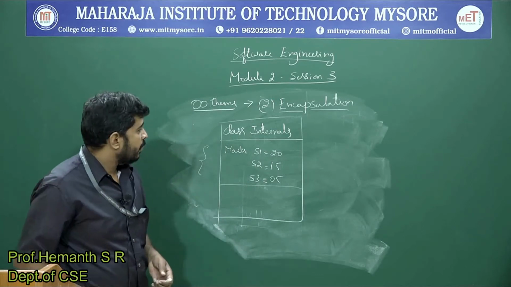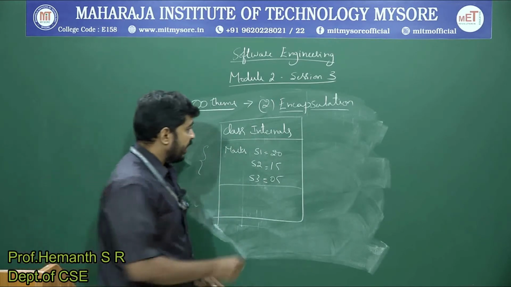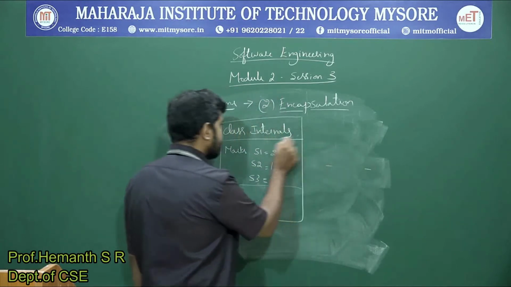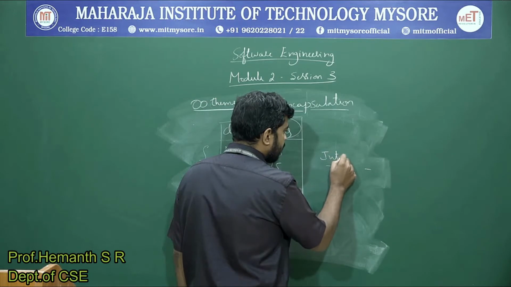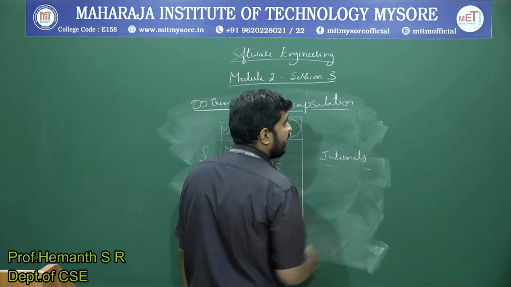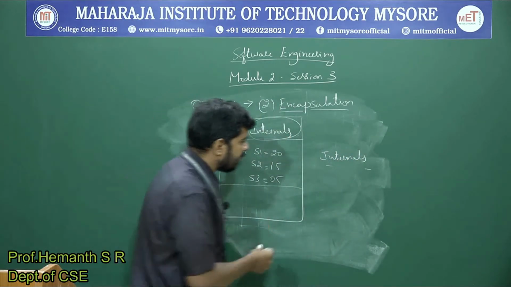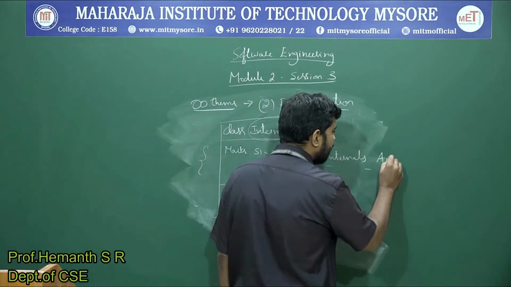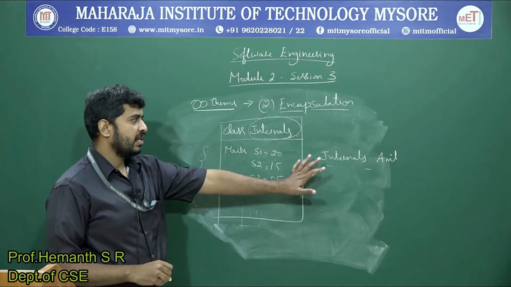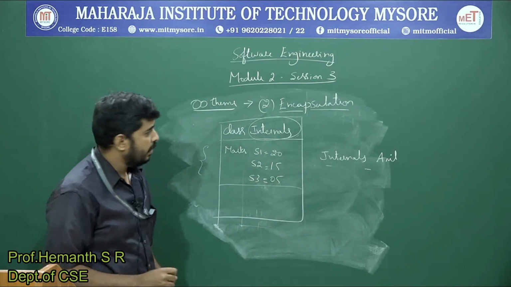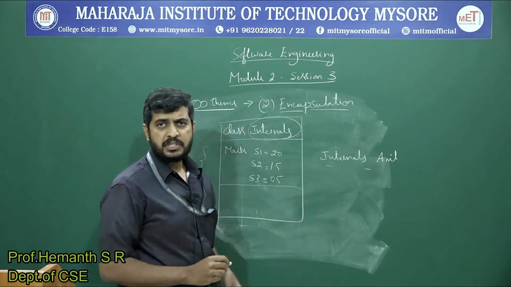As we are aware, we can create hundreds of objects for a class. For this class internals, I can create hundreds of objects. For example, I will create an object by name Anil. So the Anil object has been created for the class internals. Now what happens when the Anil object is created?